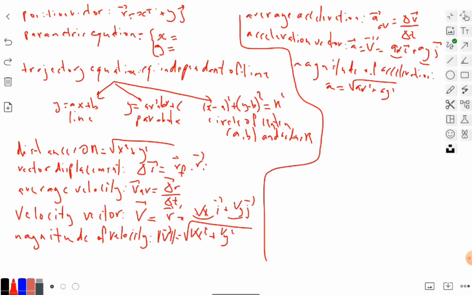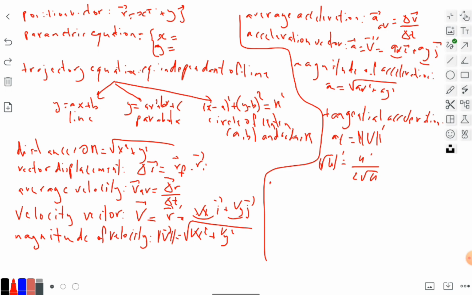Tangential acceleration at equal the derivative of the magnitude of velocity, so the derivative of speed. In this case we use the derivative of radical u, equal to u prime over 2 radical u.